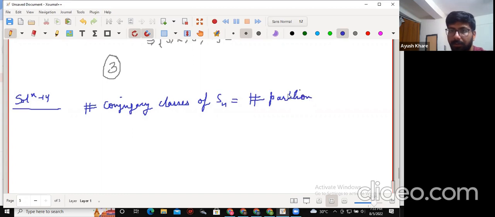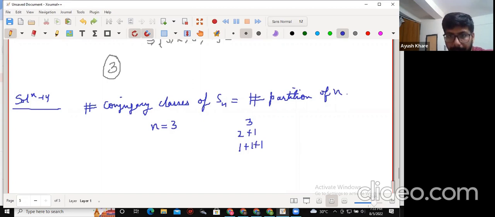Here n equals 3. So the partitions of 3 are 3, 2 plus 1, or 1 plus 1 plus 1. These three partitions are possible, right?